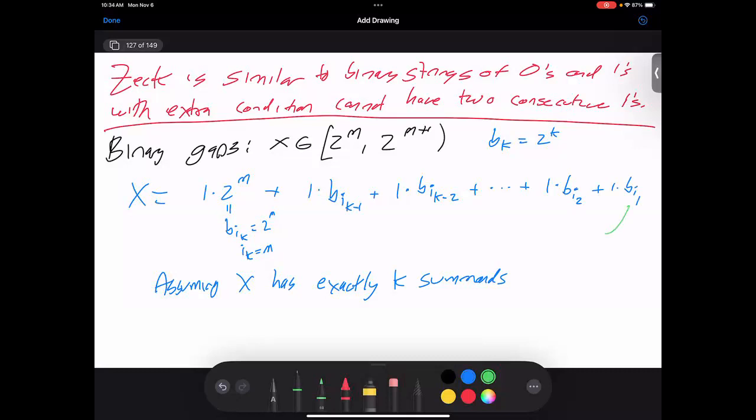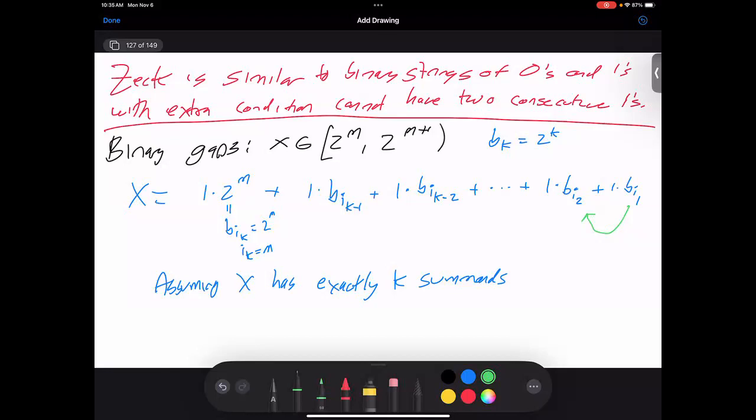So what's my first gap going to be? How far is the index i_2 from the index i_1? 1?